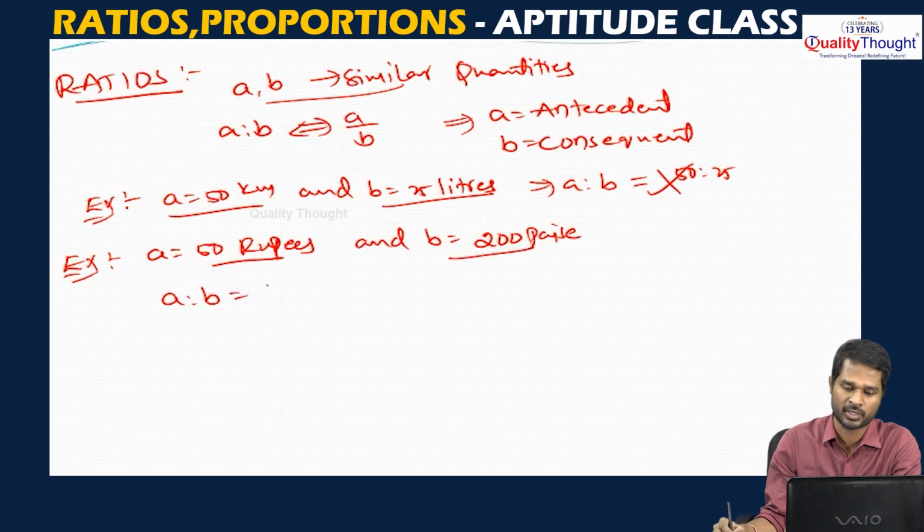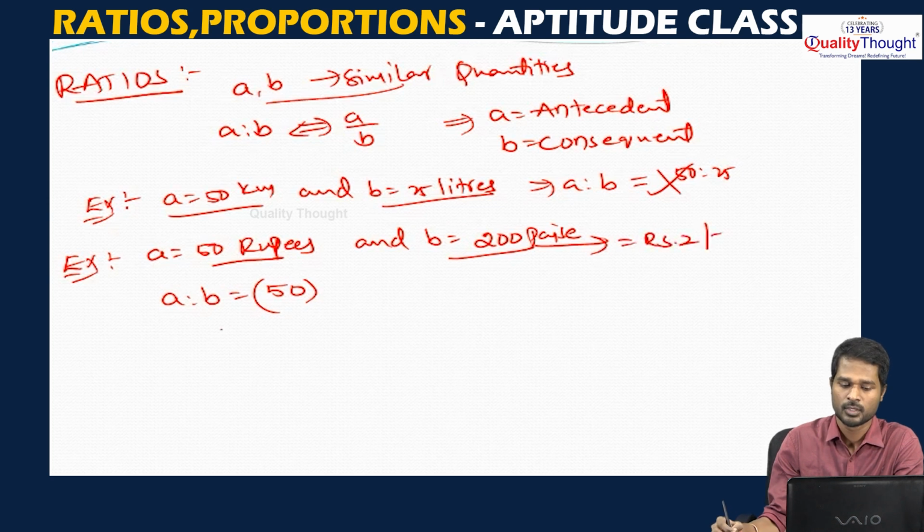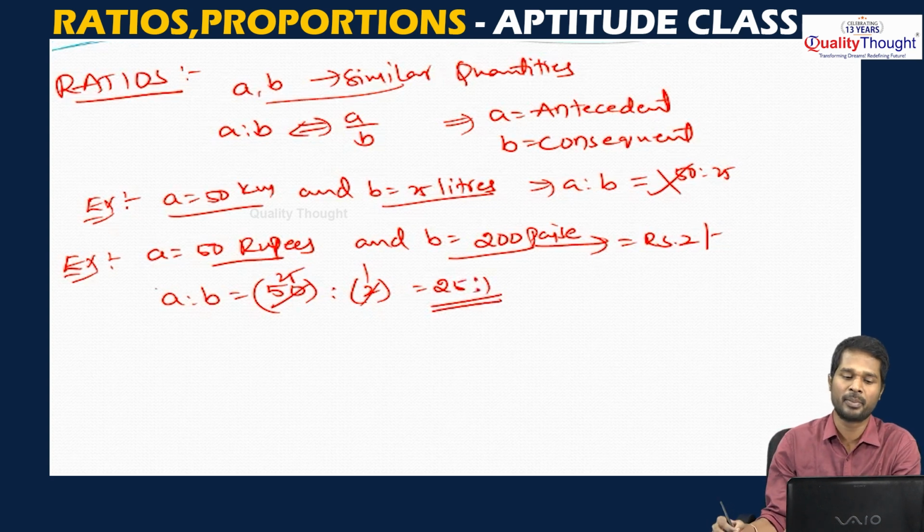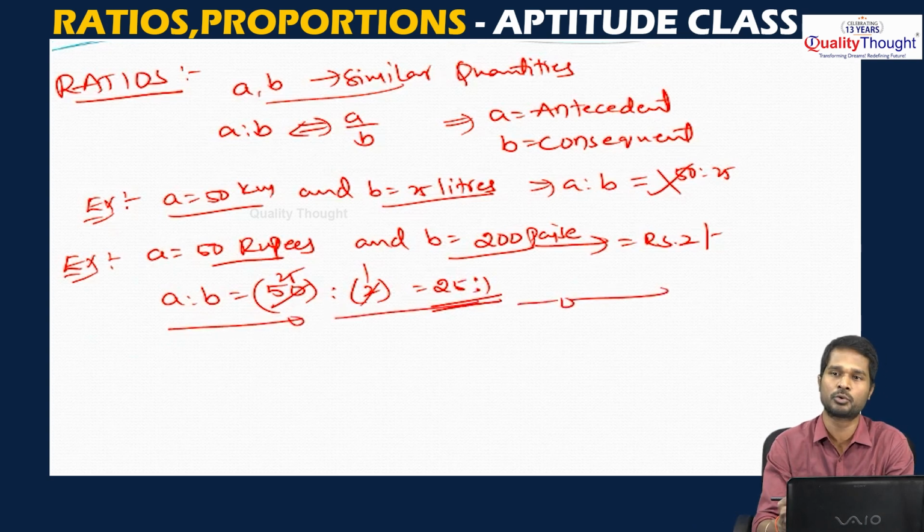A is to B equals 50 rupees, and I'll convert this 200 paisa into rupees, which is 2 rupees. So 50 is to 2, which is 25 is to 1. So similar quantities can be compared and non-similar quantities cannot be compared. This is the basic thing about ratios, where you compare two similar quantities.